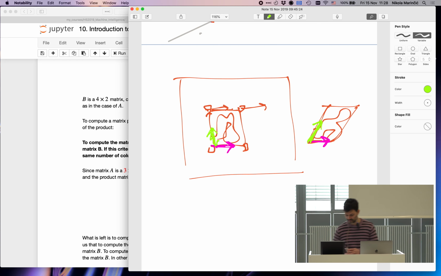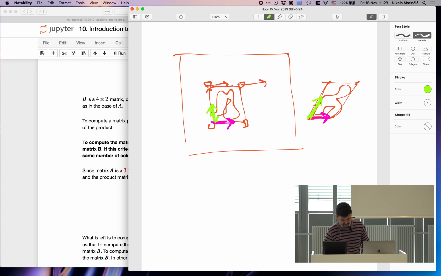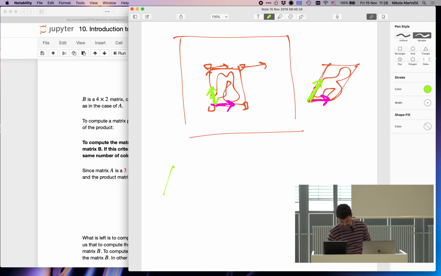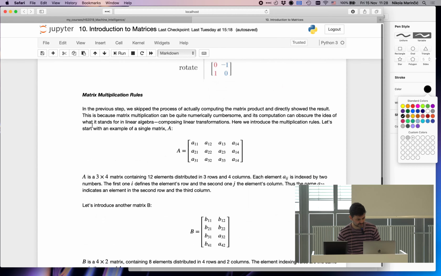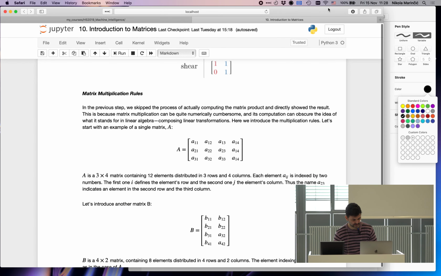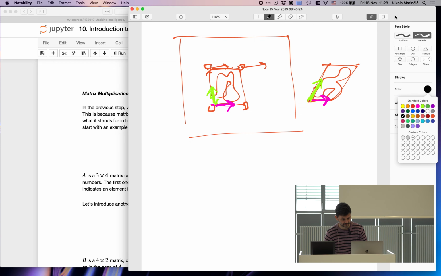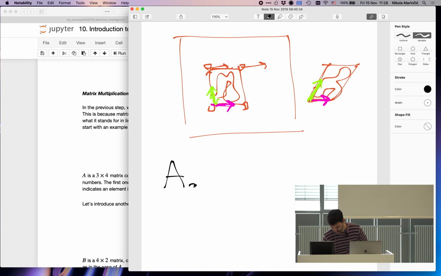So now let me show you what I'm talking about. A is, what was it? A 3 times 4 matrix. Yeah. So A is 3 times 4.